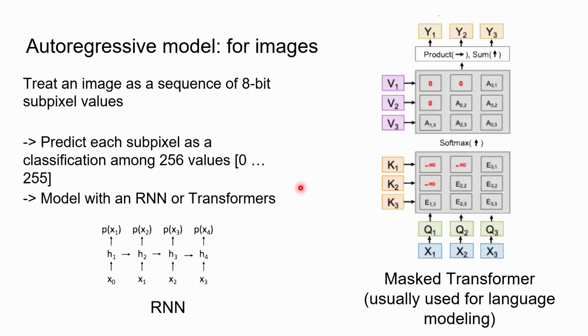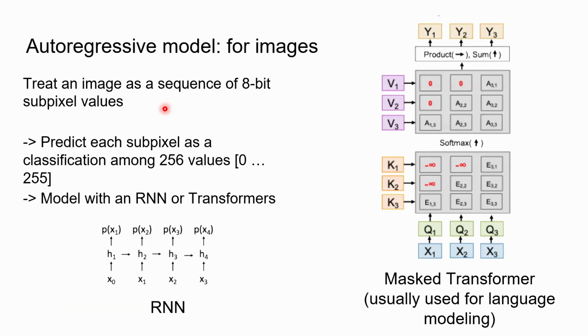When we think about this in terms of images, say we have an image and we break it down into 8-bit subpixel values. Recall that in a color image, we have 3 channels: red, green, and blue.